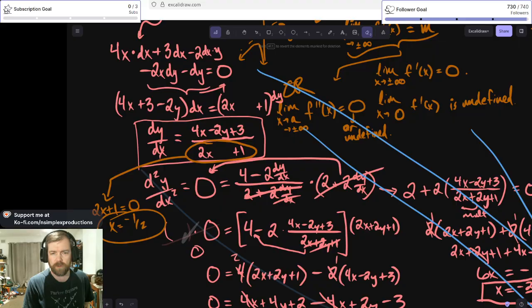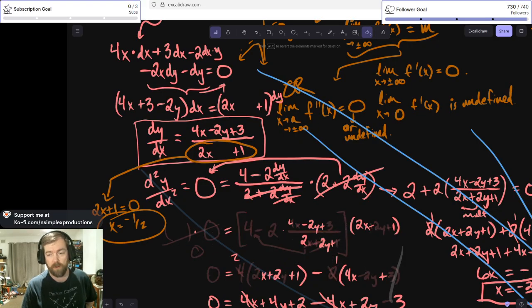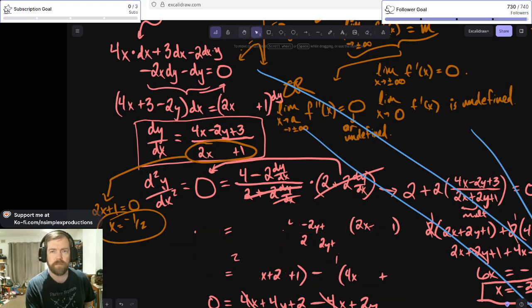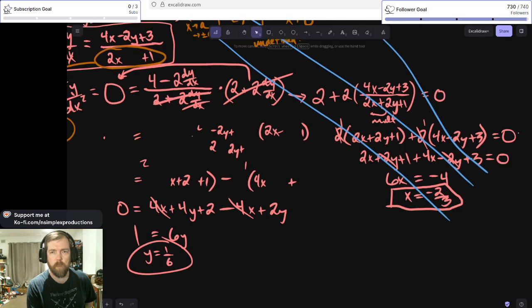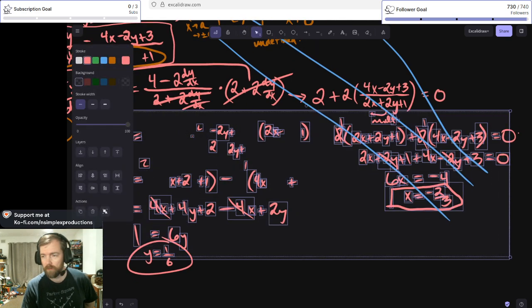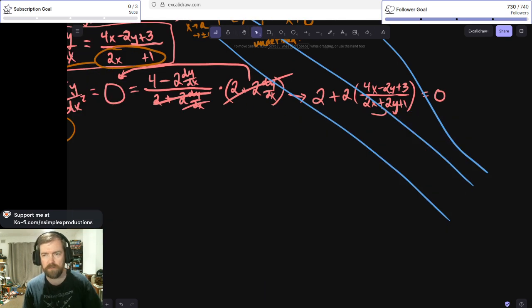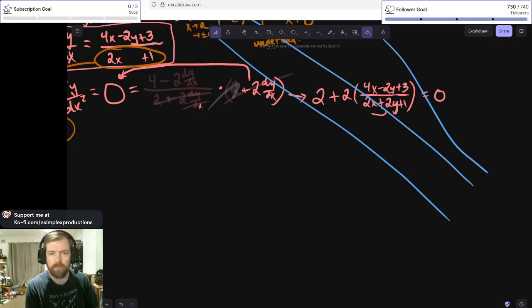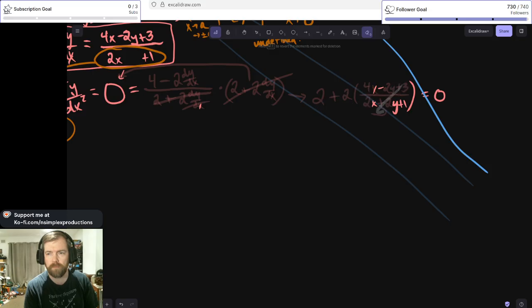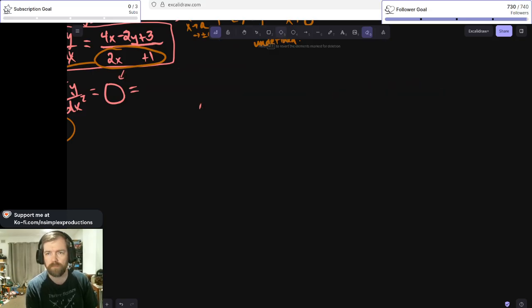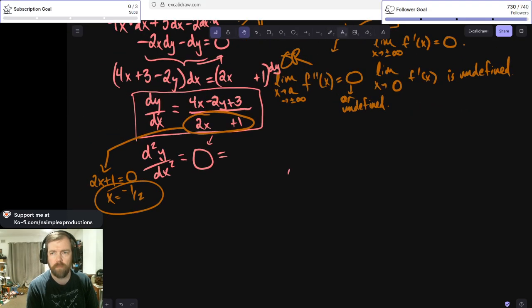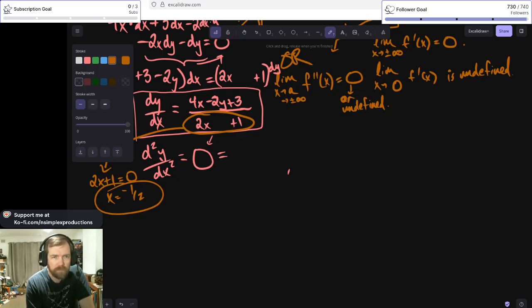Alright, let's get rid of this stuff, because now this is all wrong. Hang on. See, perfectly salvageable when you actually know what you're doing.